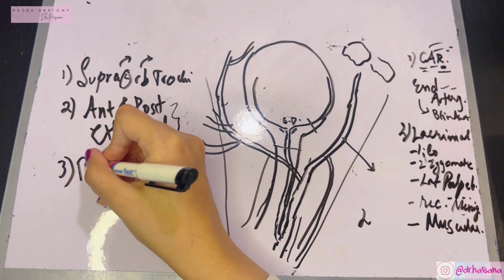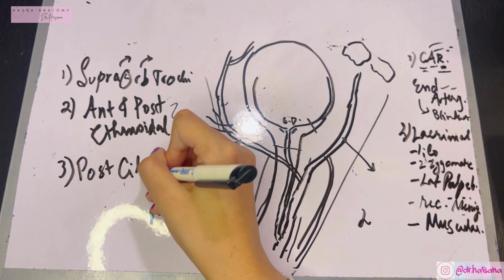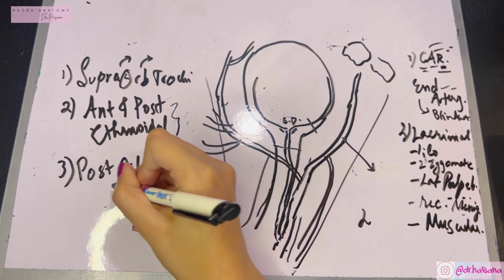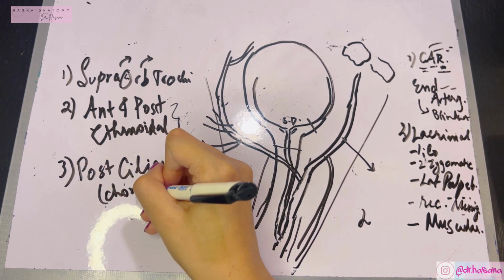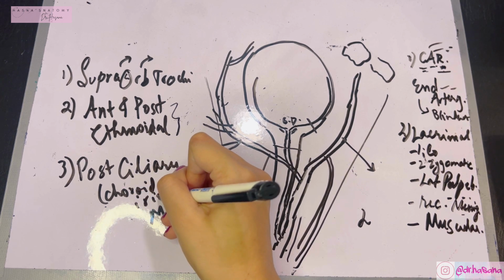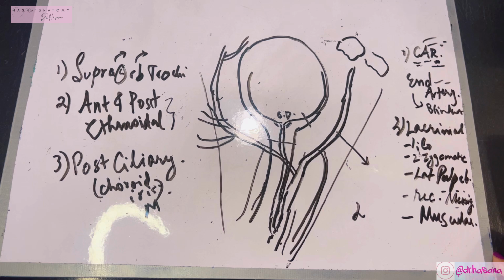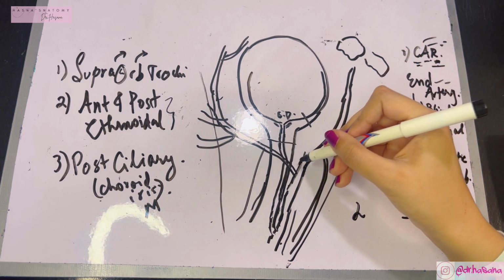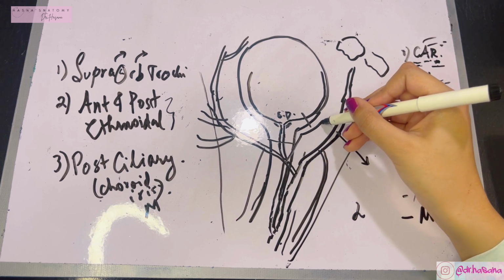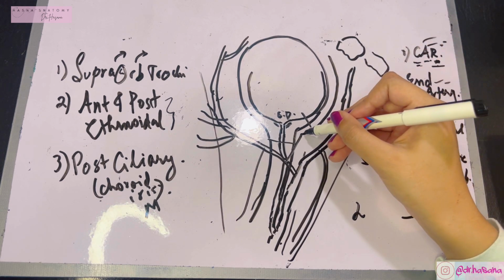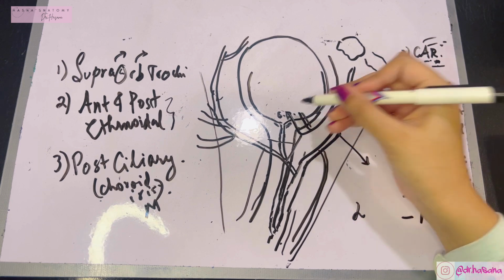The next branches are the posterior ciliary arteries. These are the chief arteries which supply your choroid and iris, which are parts of the eyeball. You don't need to know them right now. We'll talk about in the eyeball what these structures actually are. Posterior ciliary arteries are of two types: the long posterior ciliary artery, and the short ciliary arteries.